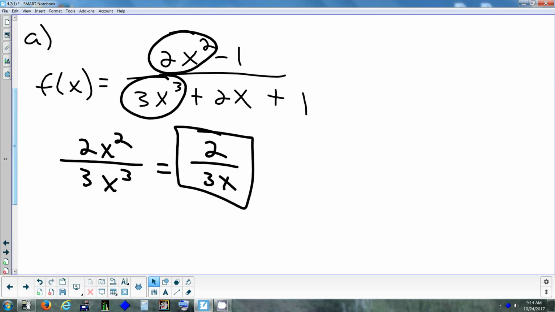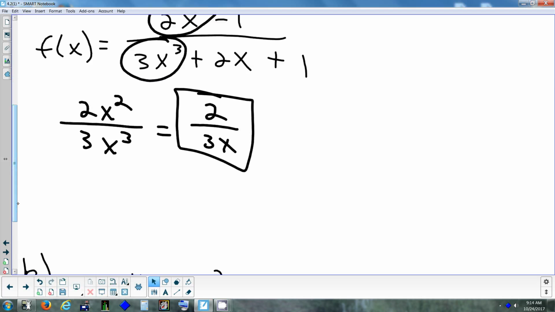Now, if this predicts what's going to happen as x gets bigger and bigger, you can use this to find your horizontal asymptote. Okay. Remember yesterday, we said horizontal asymptote is what happens to y as x gets bigger and bigger and bigger.